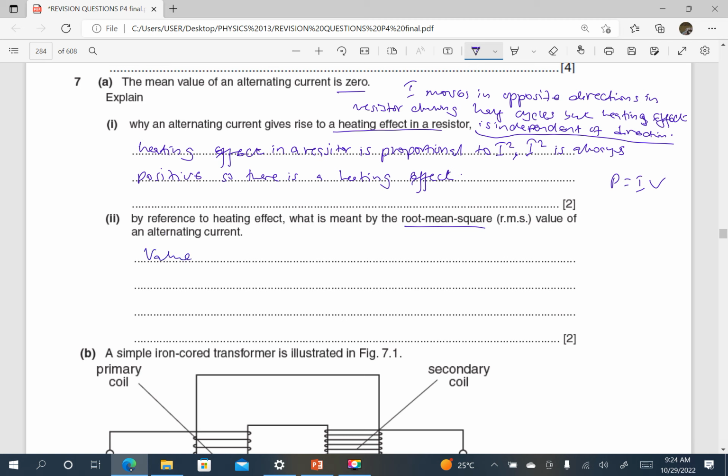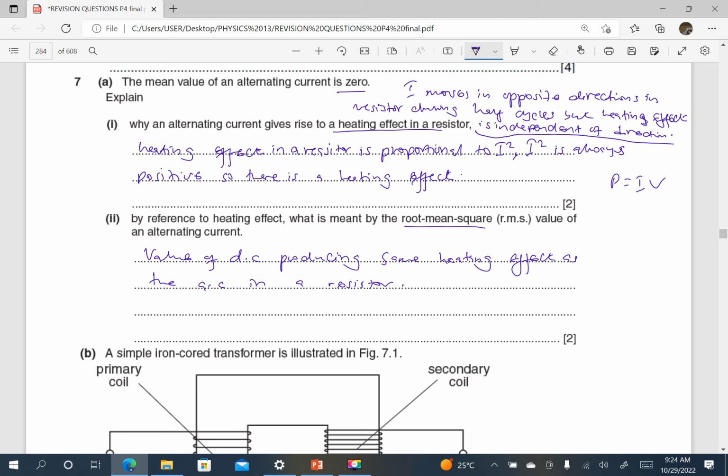The value of direct current producing the same heating effect, or the same power, as the AC in a resistor is what we call the root mean square value of alternating current.